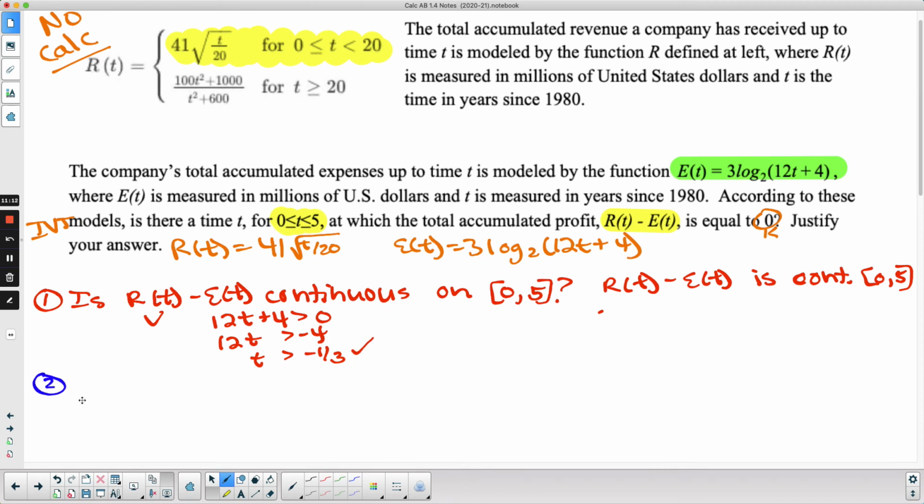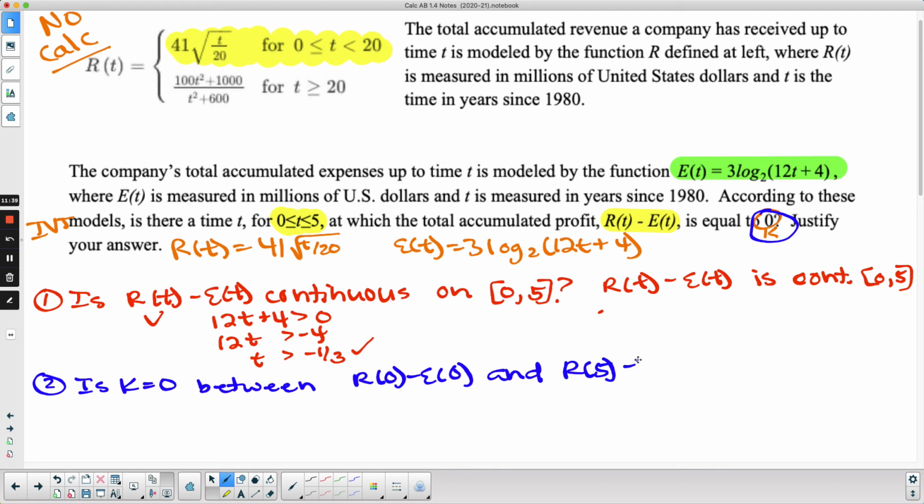Second, is k equal to 0 between R of 0 minus E of 0 and R of 5 minus E of 5?